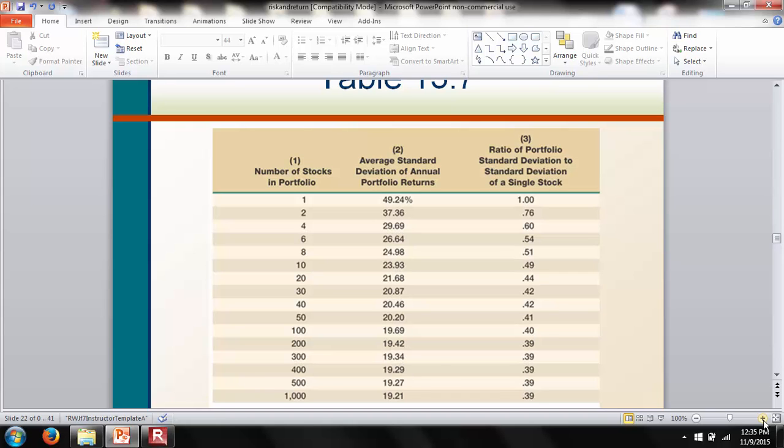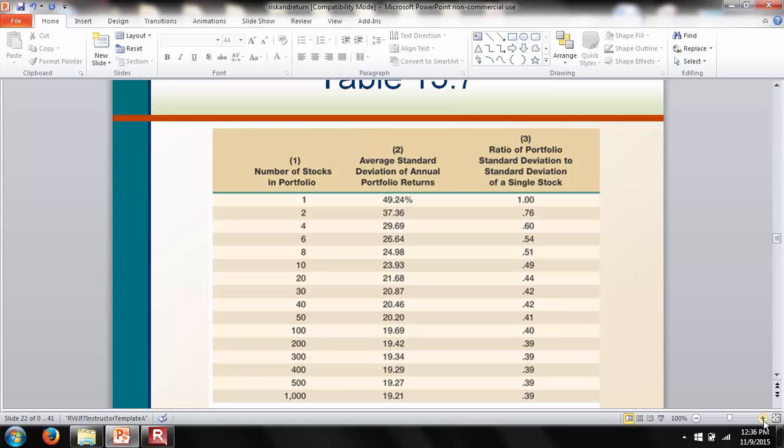So here, what we have is that we just want to look at what is the effect of adding stocks to a portfolio. So suppose we have only one stock. On average, the standard deviation, which is a measure of risk, is going to be 49.24. Now, what we see is what happens when we add one stock. So if we add one stock, we will find that the average standard deviation is going to change from 49.24 to 37.36.